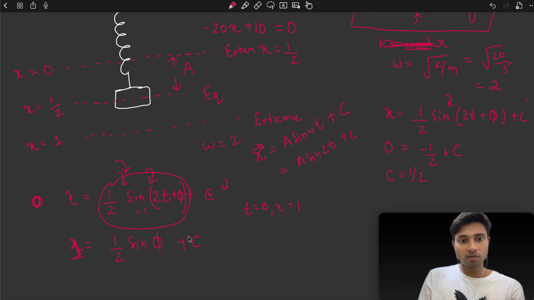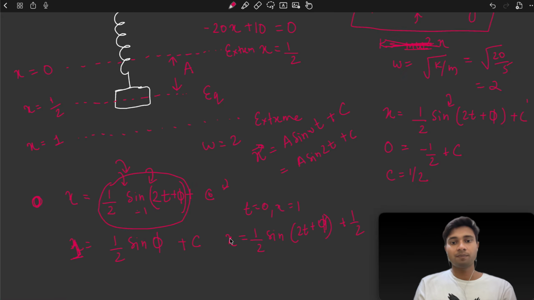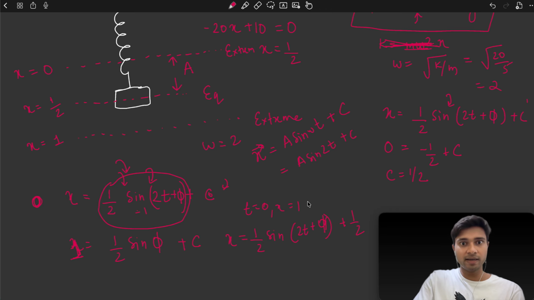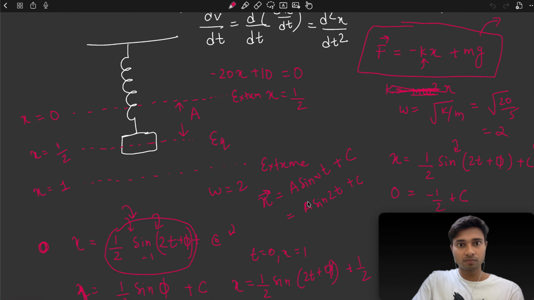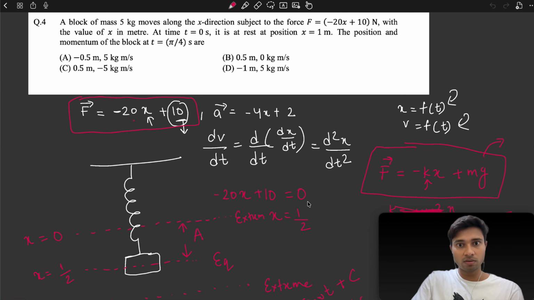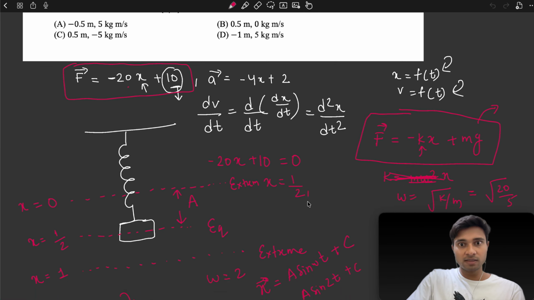Okay, so I am rewriting this equation again. x is equal to 1 by 2 sine 2t plus phi plus 1 by 2. Now what should be the value of phi at t equals 0? At t equals 0, position x is equal to 1 meter.